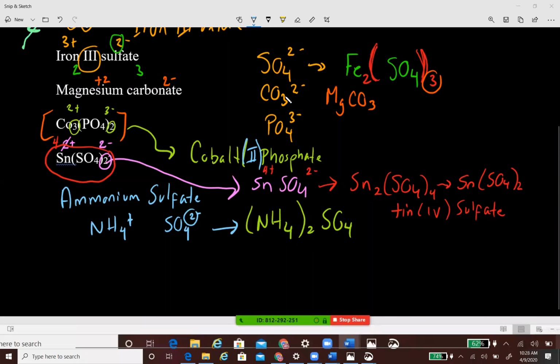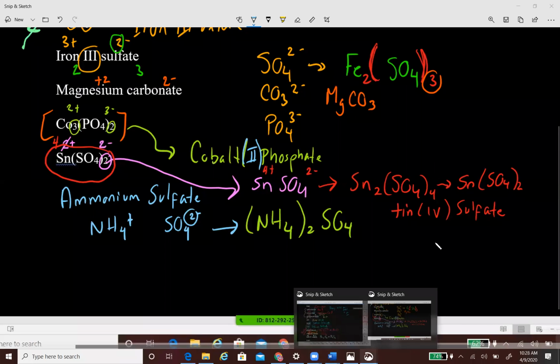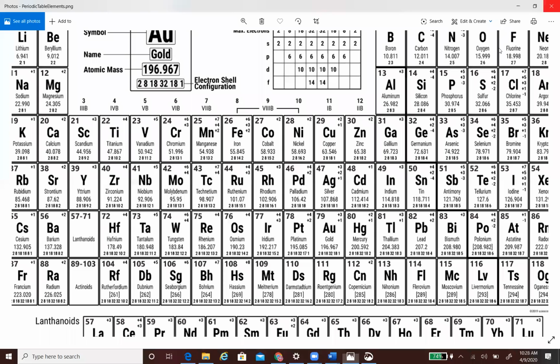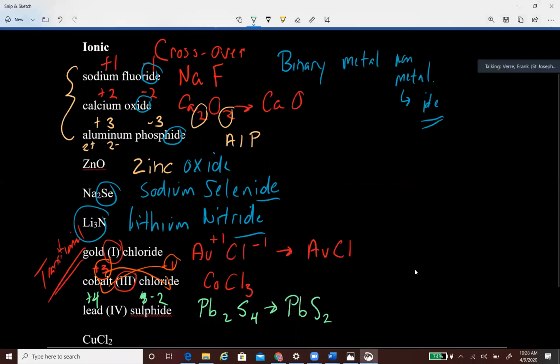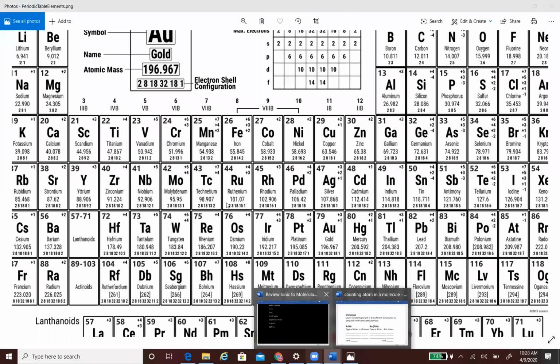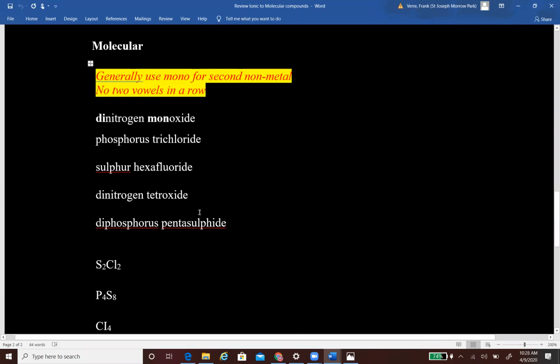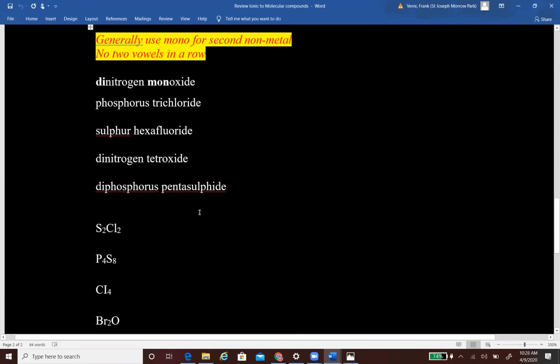Okay, so let's look at a quick review of molecular. Molecular, to be honest with you, is quite easy because you're told exactly what the formula is with the prefixes. There are just a couple of rules to remember. The second thing is the molecular compound has the -ide ending. The other thing is there are no two vowels in a row.